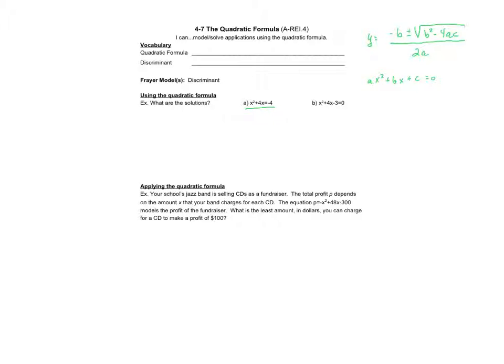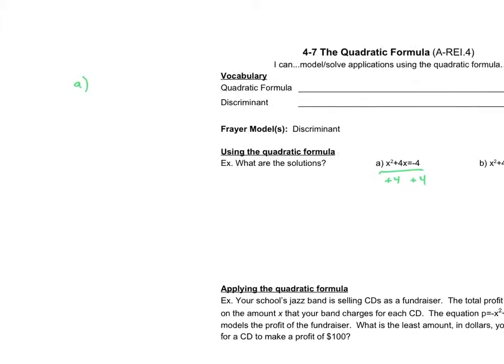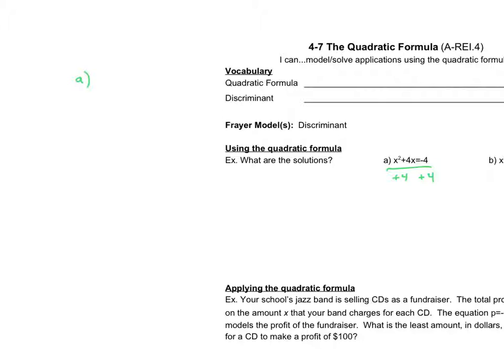The a, b, and c come from the coefficients and the constants of the quadratic equation. In that first example, to get into standard form where we have equal to 0, we would have to add 4 to both sides. So we now have x squared plus 4x plus 4 equals 0.